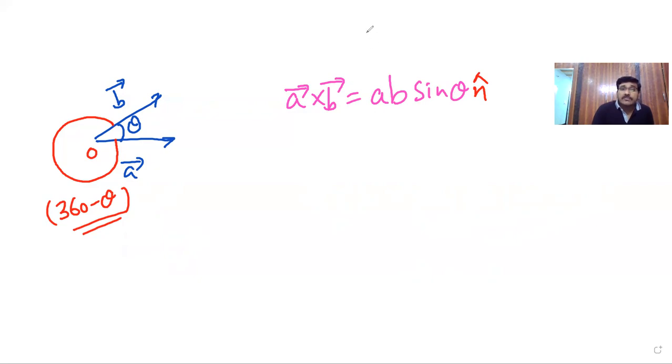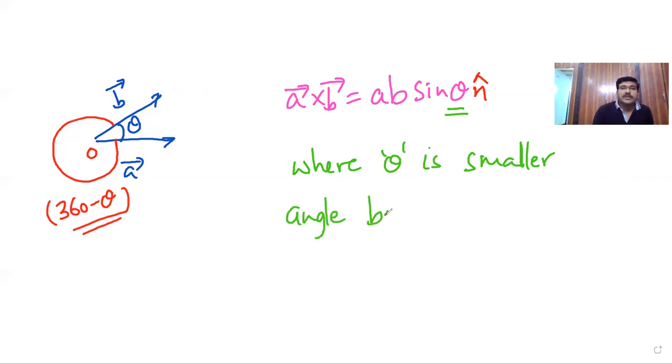Be careful about this theta. This theta should be the smaller angle between A bar and B bar, because only two vectors are there, A bar and B bar.